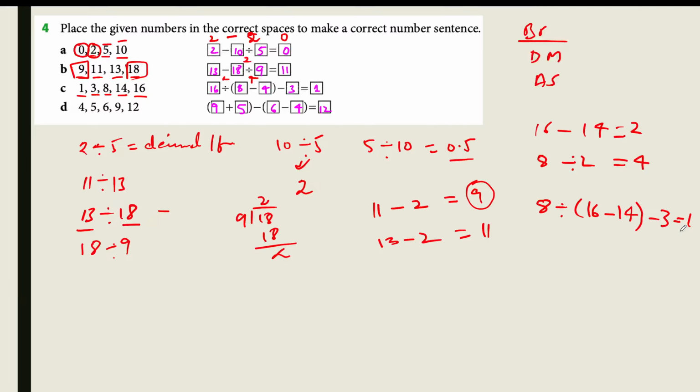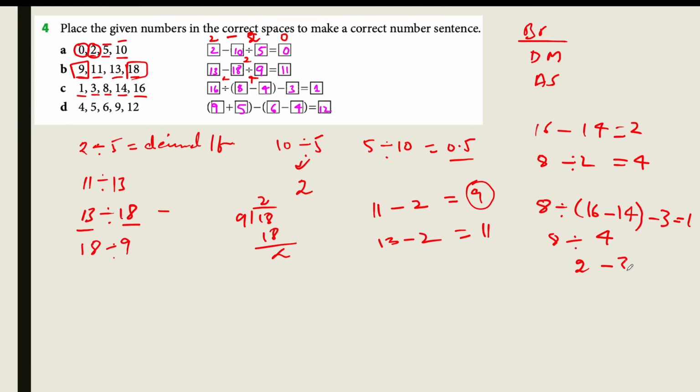So there is this option available too, because from 16, if 14 is subtracted, we are left with 4. And then 8 divided by 4, 4 multiplied by 2, right? 4 multiplied by 2 is equal to 8.